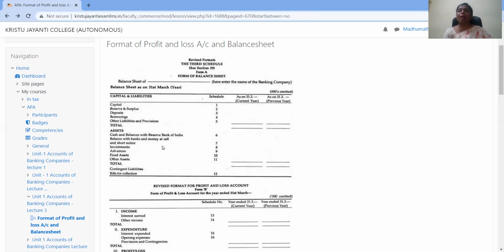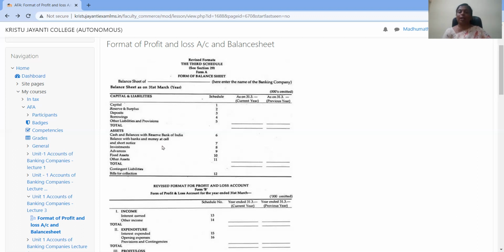If they have requested an emergency amount to meet their day-to-day transactions, if they don't have sufficient cash, they come and ask your bank. If you have given any such aid to other banks at short notice, they are supposed to return the amount they have taken. So that will be part of your schedule number 7. So it is just an interbank adjustment based upon the understanding they have.